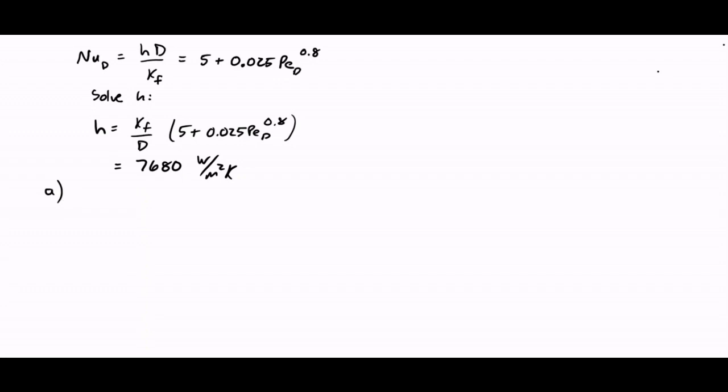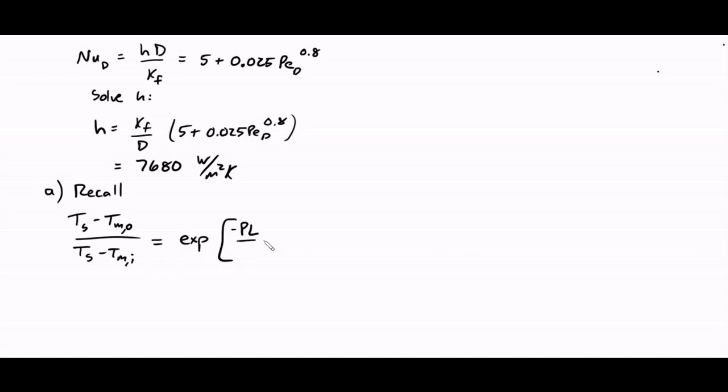Okay, we're almost there. We just need to recall at this point that we derived an equation for the mean temperature at the inlet and outlet of a fluid going through a pipe subject to a constant surface temperature boundary condition. And this is that expression right here that I'm writing.